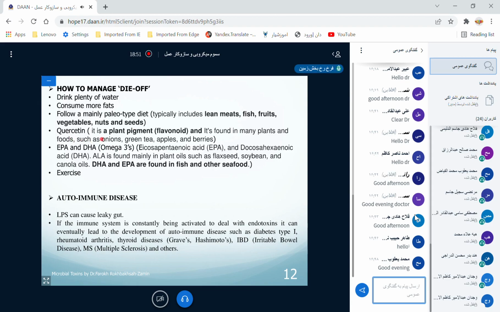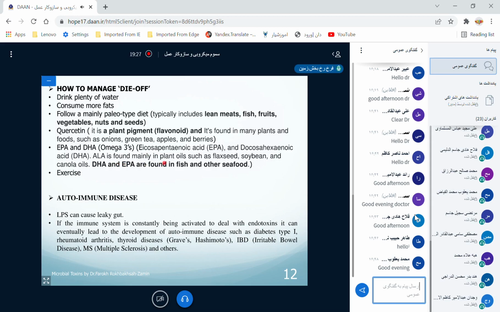Quercetin is a plant pigment, a flavonoid, found in many plants and foods such as onions, green tea, apples, berries. EPA and DHA are both omega-3, and these are abbreviations of their names.